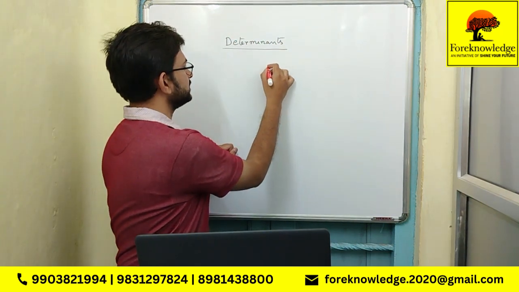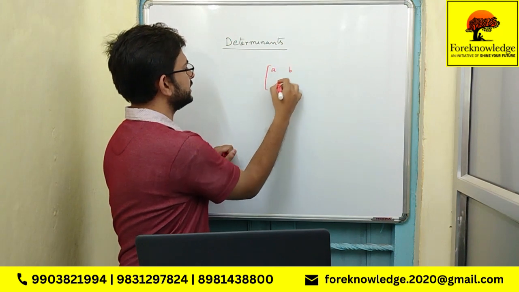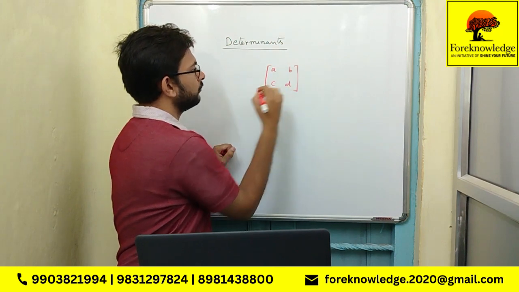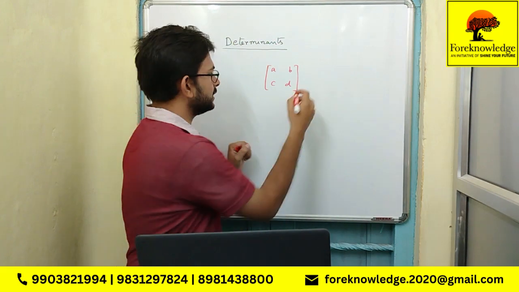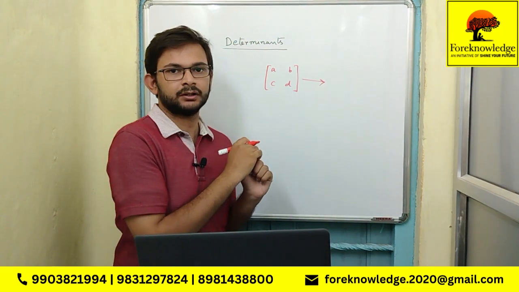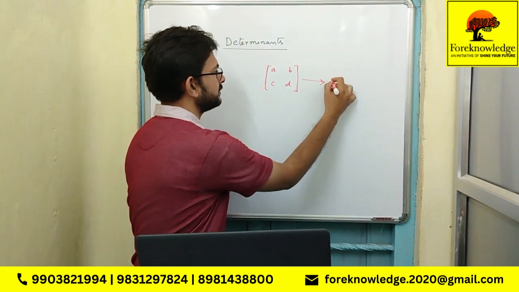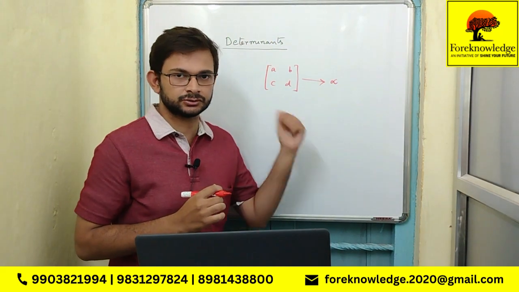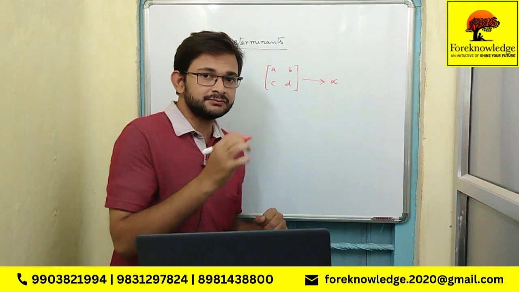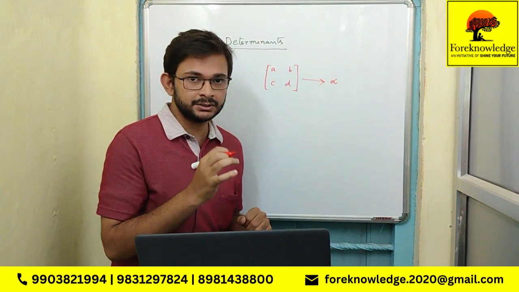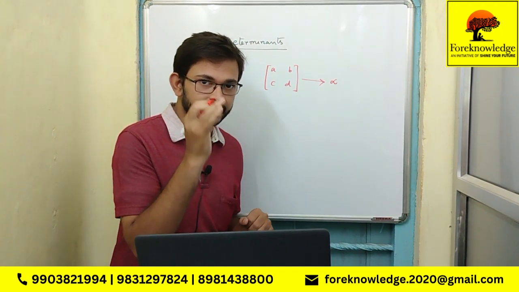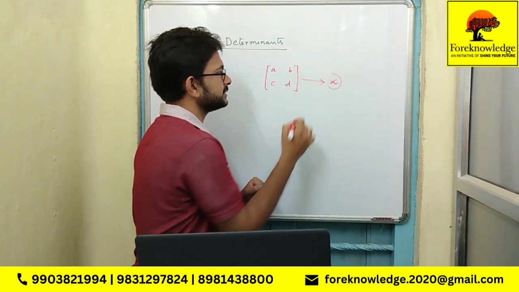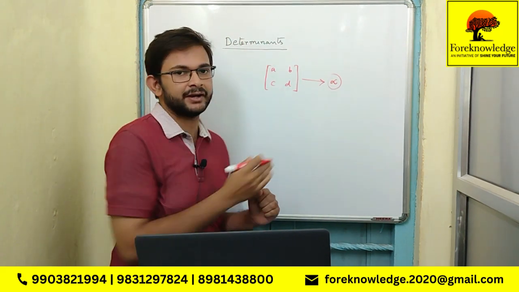So suppose this is a square matrix A, B, C, D. Now, if we can associate a real number or a scalar value, suppose some alpha, to this square matrix in some certain way or technique, then this alpha is the determinant of this matrix.